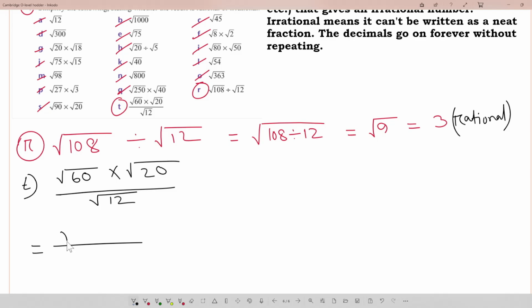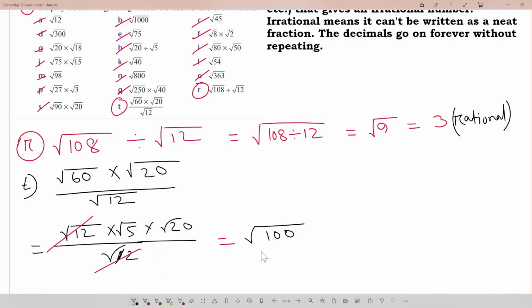Root 60 we can write as root 12 times root 5, root 20 will be unchanged, and here is root 12. So root 12 and root 12 cancel out, and once we multiply root 5 and root 20, it will be root 100. So root 100 is 10. So this one is what? Rational.